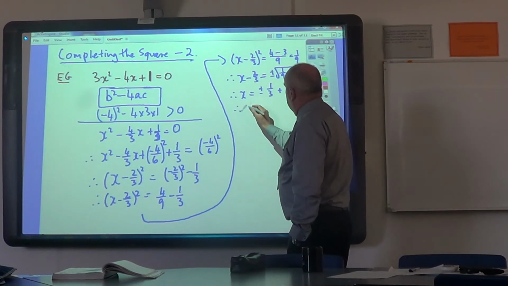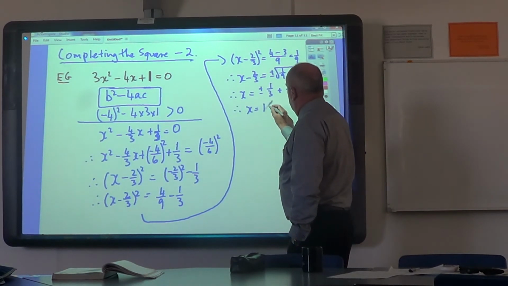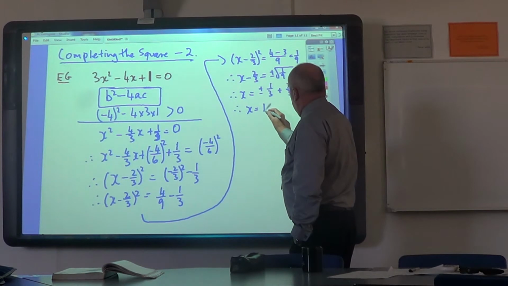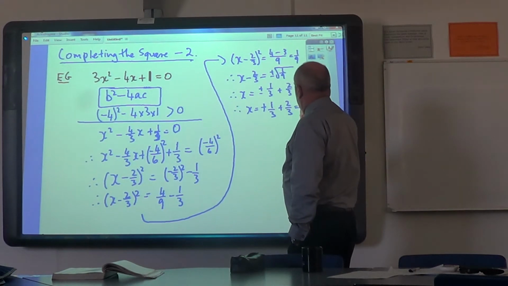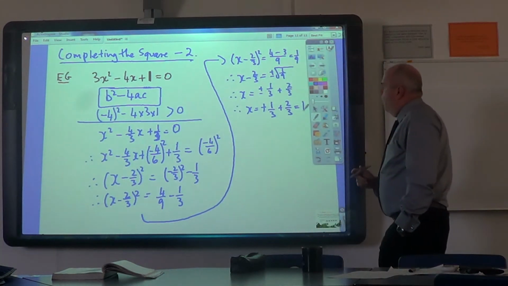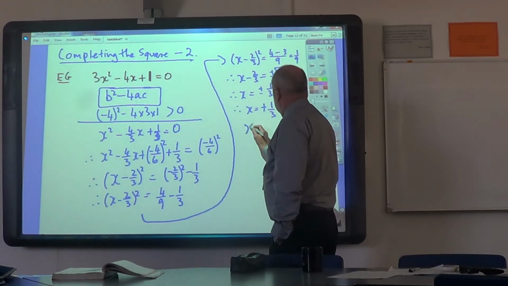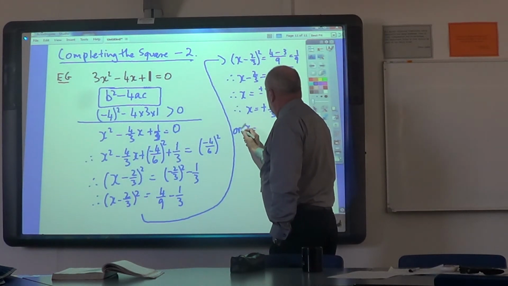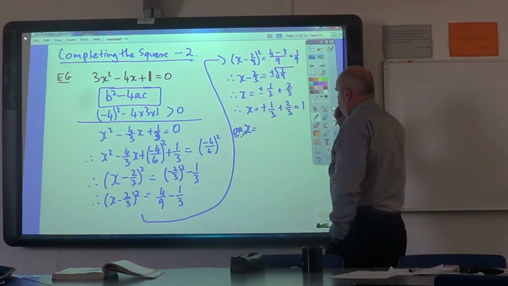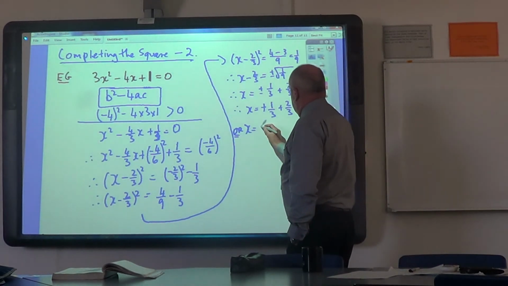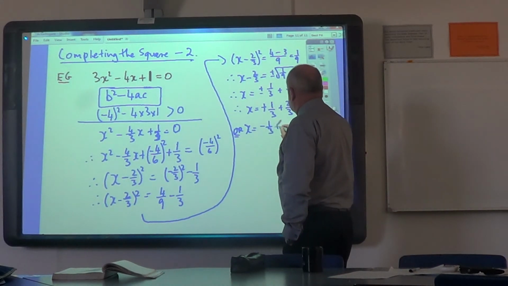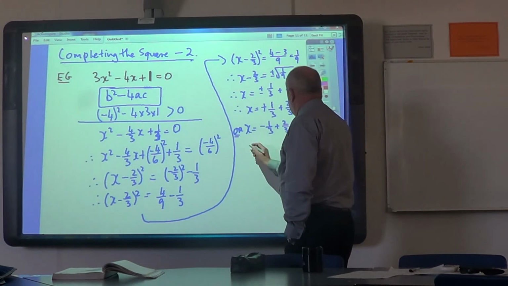And therefore, x is equal to 1/3 plus 2/3. That's equal to 1, isn't it? Or there are two possibilities: x equals negative 1/3 plus 2/3 equals 1/3.